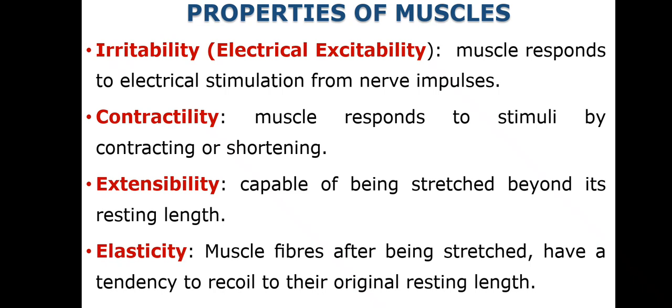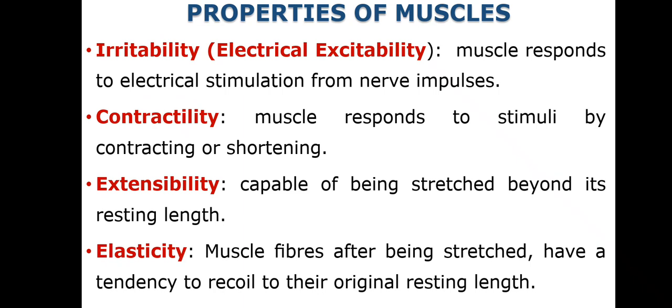Okay? Apart from that, muscles have a property of what? Contractility. For you to be able to move, there's an action of you contracting and relaxing your muscles. So these muscles are able to contract, and it's that contraction that brings about what? Movement.